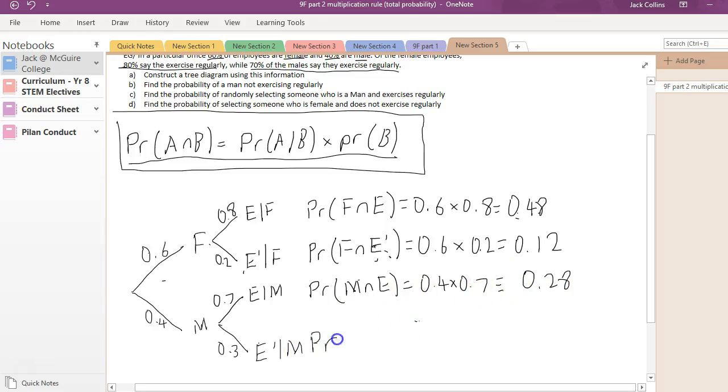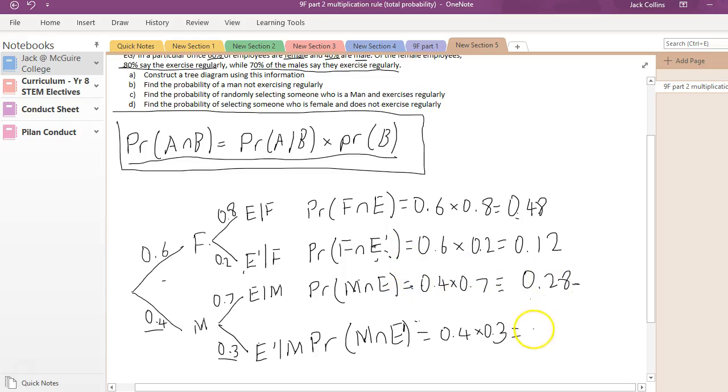And then the probability of someone who is male who doesn't exercise, so E dash, is equal to 0.4 again times 0.3, just going along the branches, which equals 0.12.